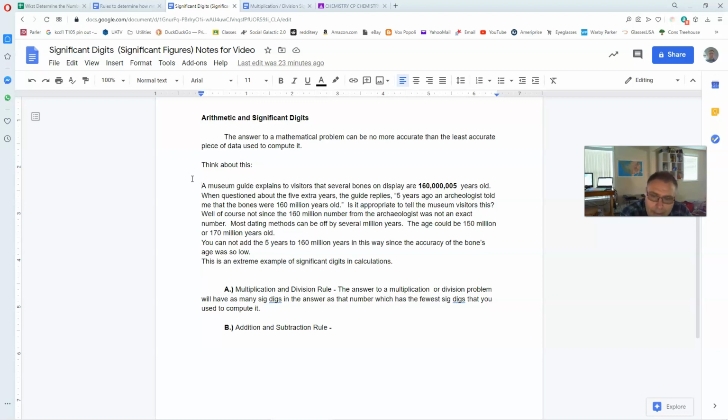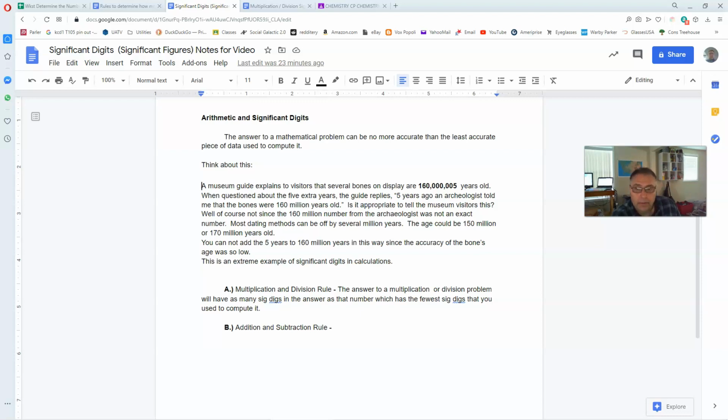You cannot add the 5 years to the 160 million years in this way, since the accuracy of the bone's age was so low. Right? This is a very extreme example of doing mathematics on measurements. In other words, reporting the accuracy of our conclusion in a way that's appropriate.